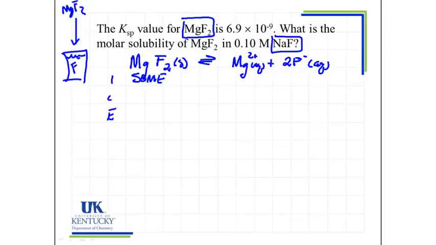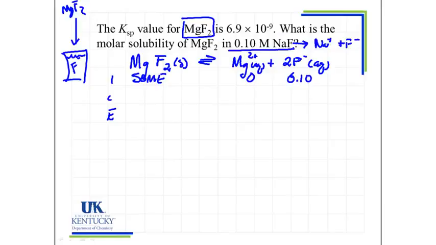So the F- is a common ion, and it is already present. I'm going to put a 0 under magnesium because there's not already some magnesium present. But there's already some F-. Now this sodium fluoride, when it dissolves, breaks apart 100% into Na+ and F-. So if the concentration of NaF is 0.10, that's the concentration of F-.